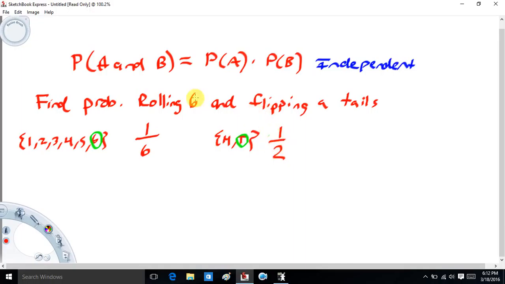So find the probability of rolling a 6 and flipping a tail. We take the two probabilities and multiply them together. You get 1 out of 12.